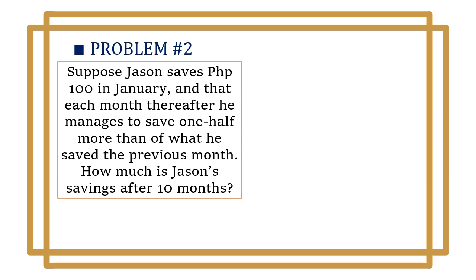Half of 100 is 50. So 100 plus 50, 150, must be the saving of Jason by February. And how about by March? You get again half of 150, and that is 75, and then you add it with 150. So that means by March, Jason must save 225 pesos.